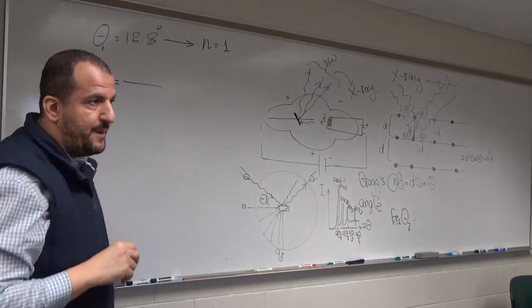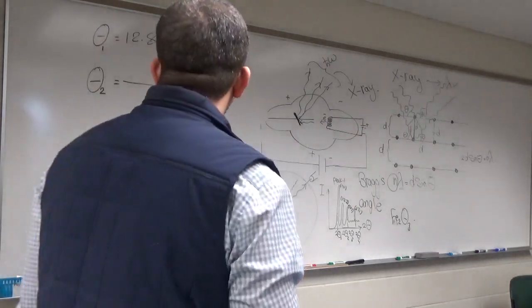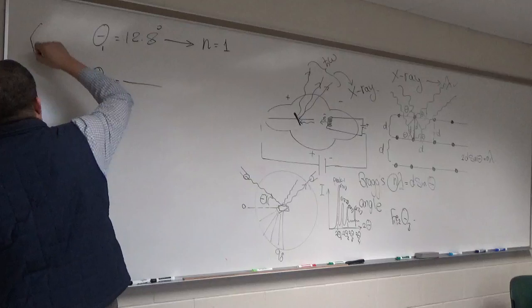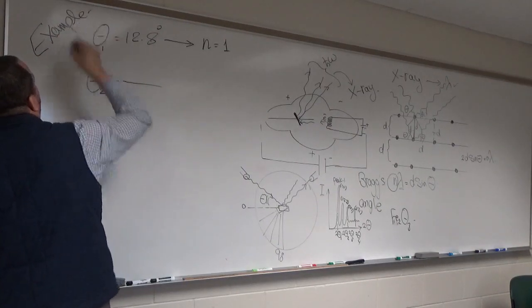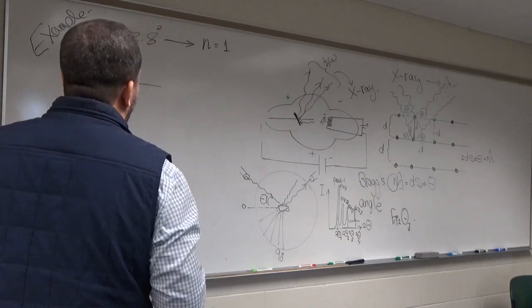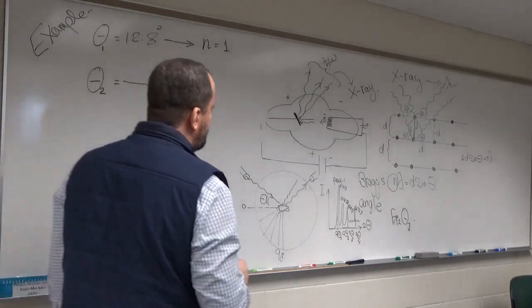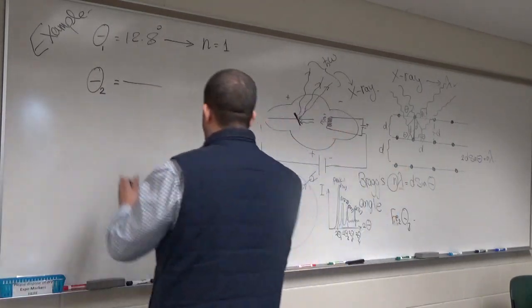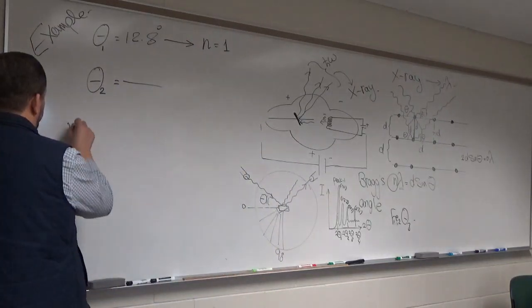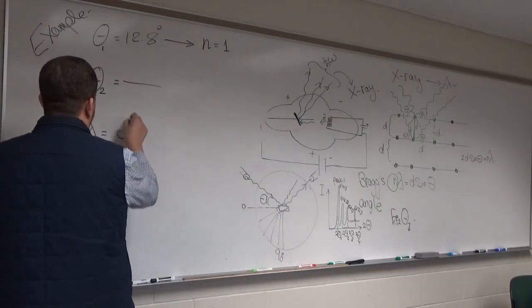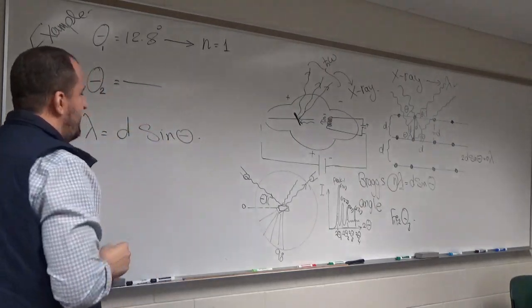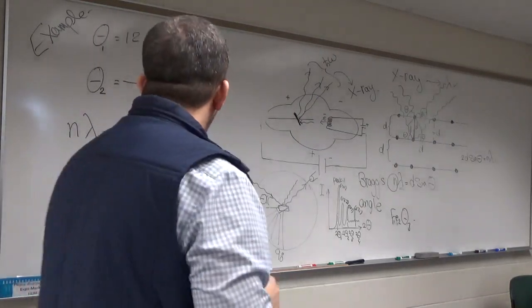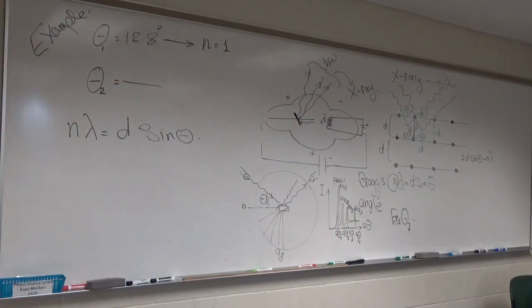So how can we do that? Simply, guys, you need to have that equation here. So we have n lambda is equal to d sine theta. And look at this equation. Are there any variables here?